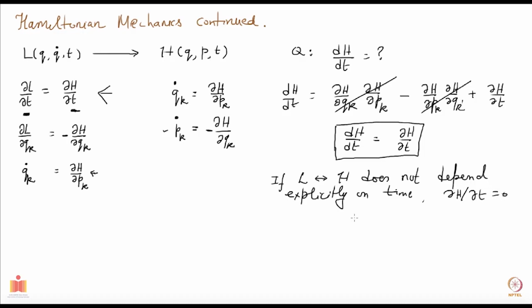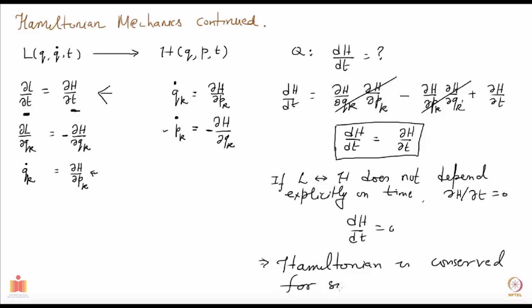And if that is the case, then dH/dt is equal to 0, which means that the Hamiltonian is conserved for such systems.